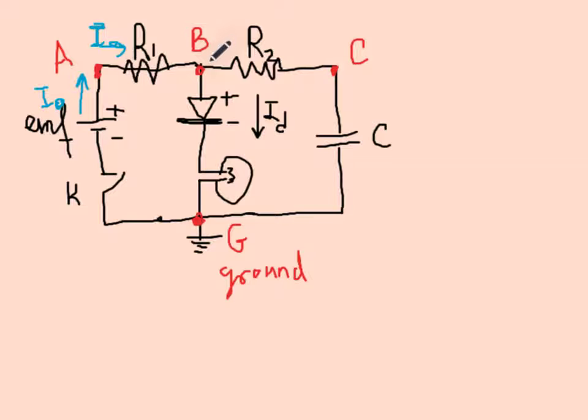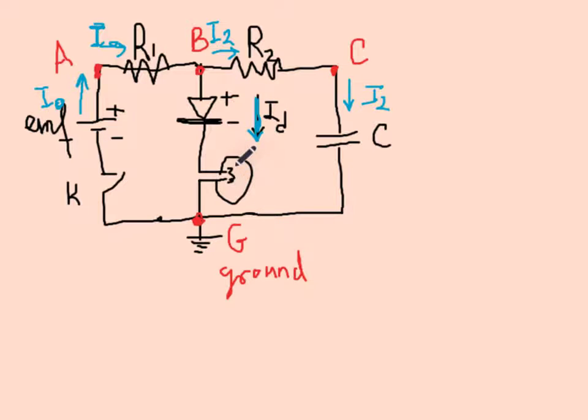Now when we reach B, we will have one part of the principal current passing through this. I would write it as I2. So going this way, I2. And the other one passing through the diode, which is right there. So we call this ID.